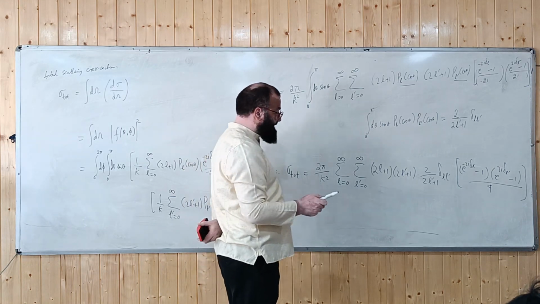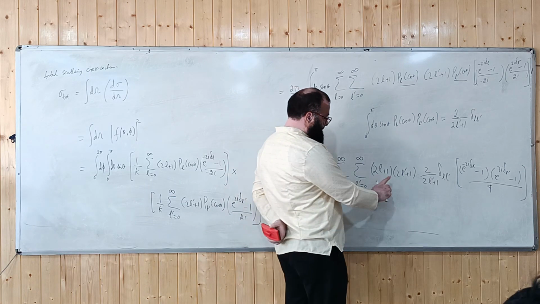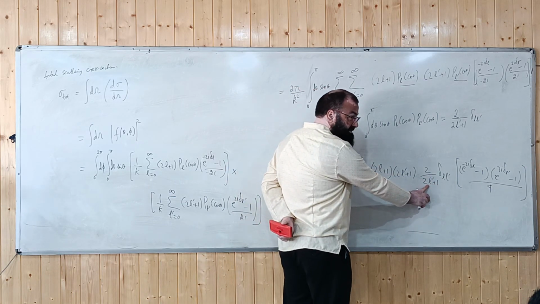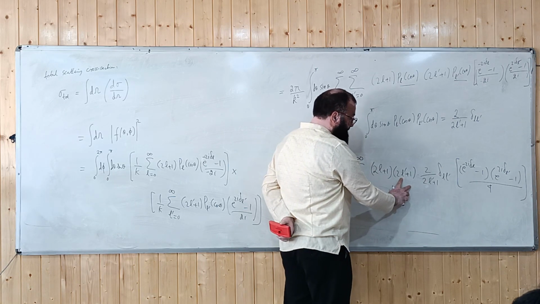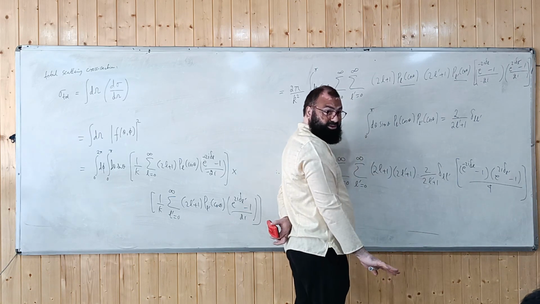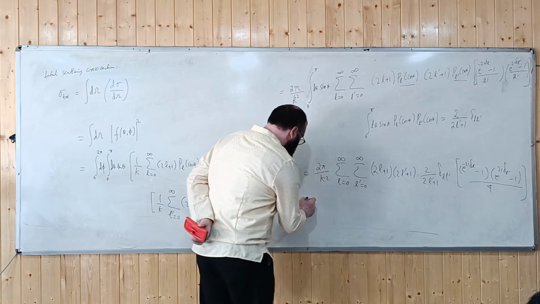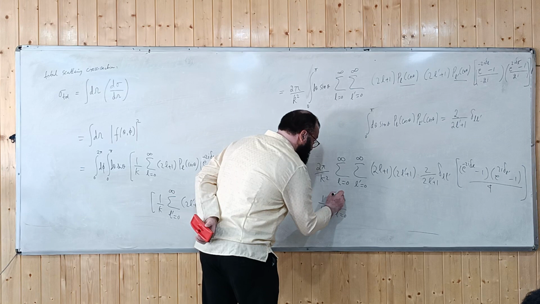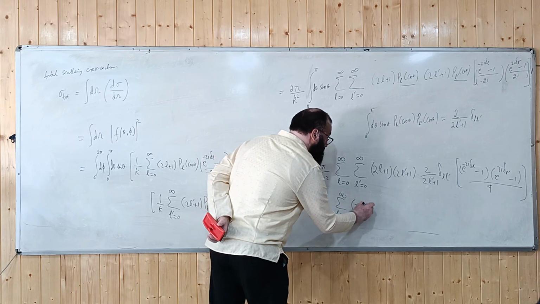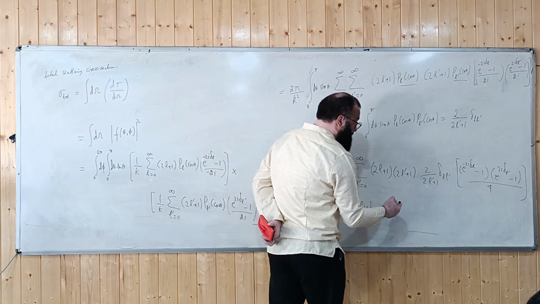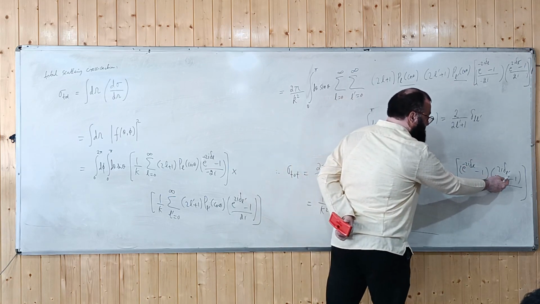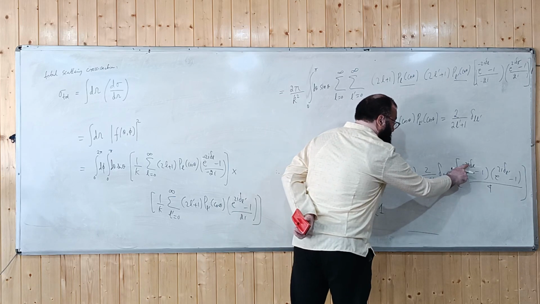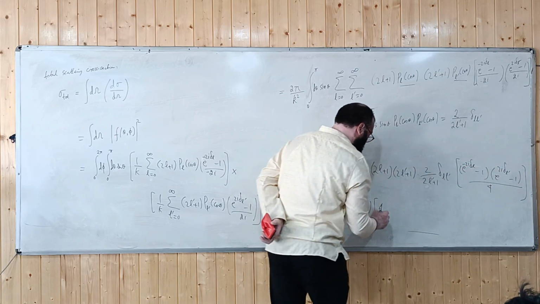Okay, so now let me cancel many factors here. When you sum over L prime, it will be replaced by L. So it becomes 2L plus 1, which means 2L plus 1 cancels out. Got it? So what remains is simply 1 by k square, summation L equal to 0 to infinity, 2L plus 1. Now let's multiply. Since L prime is now the same as L, e raised to the power minus i theta, e raised to the power plus i, it is 1.